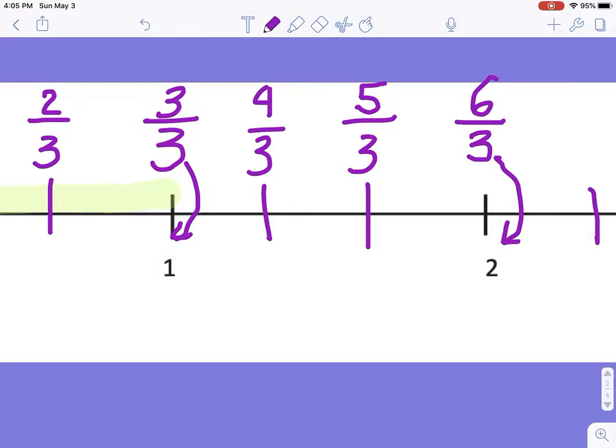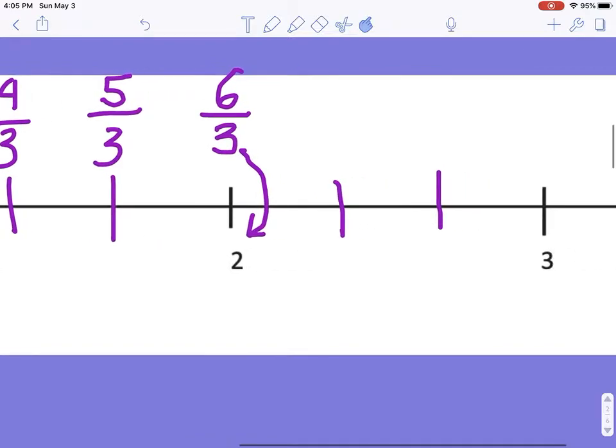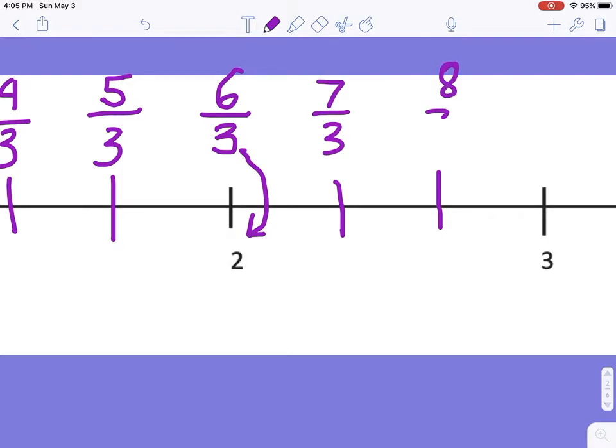Because if I had 6 thirds shaded, I'd have 2 wholes. 7 thirds, 8 thirds, and 9 thirds, which is also equivalent to 3 wholes.